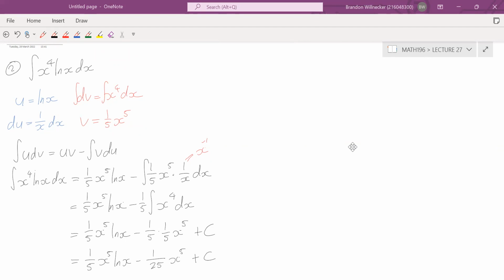So check the marking scheme on the side. If it's double what a normal question is, that gives you a hint that you should be doing it twice. But just keep an eye out for this term over here. Sometimes you have to do it twice. In this case, we only had to do it once. But just be careful of that.